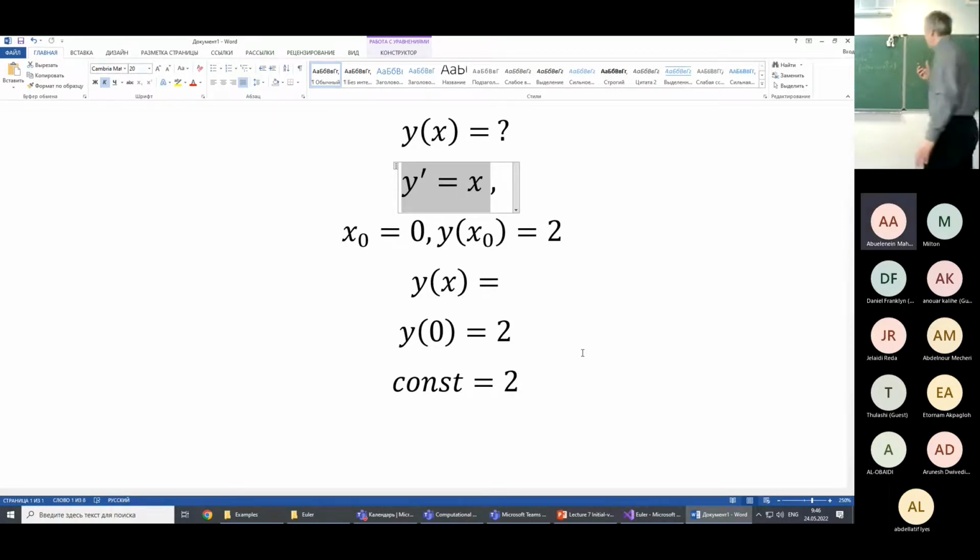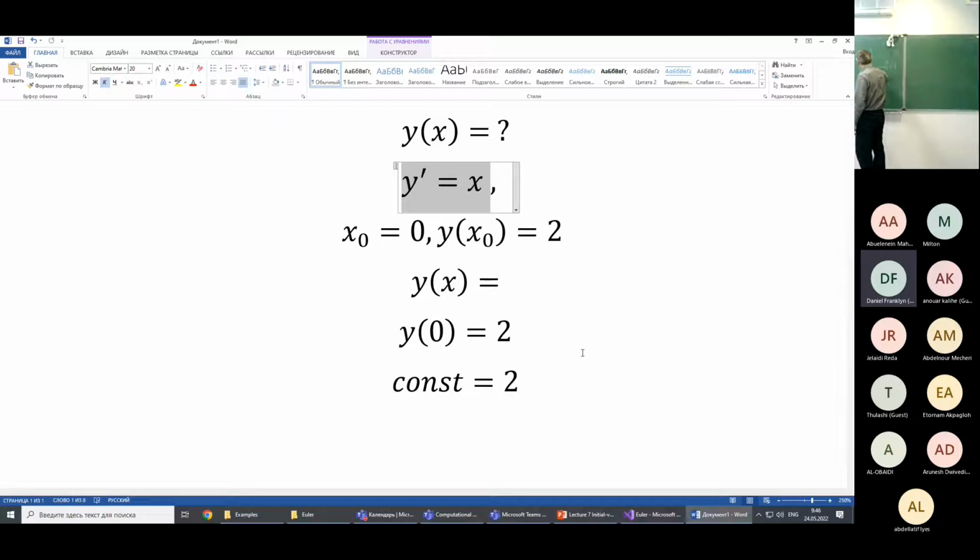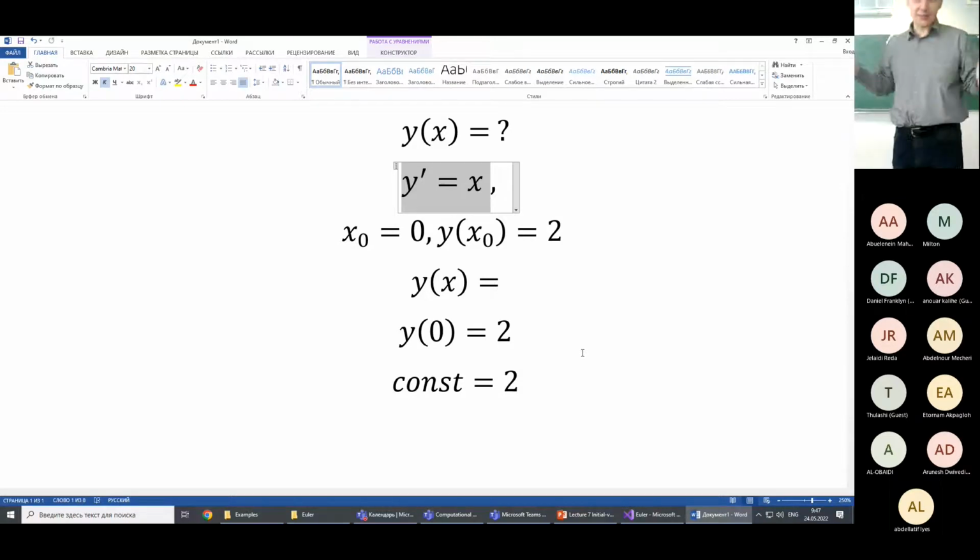If you consider y of x equals x squared, the derivative of x squared equals 2x, but we should have x. What function should I take that has a derivative not 2x, but x?